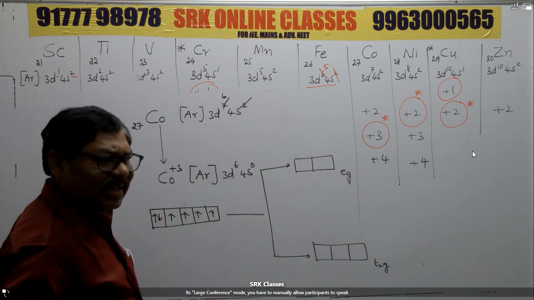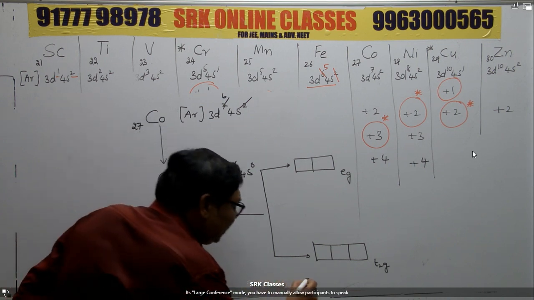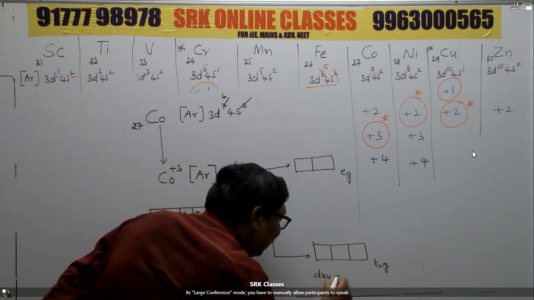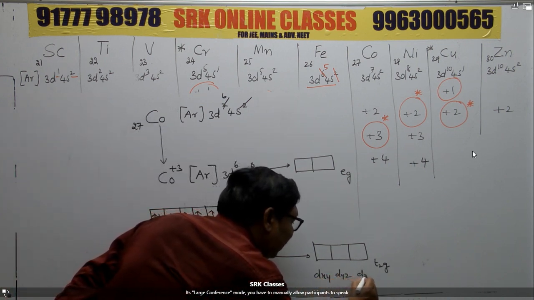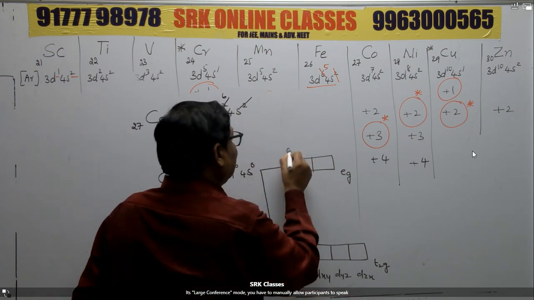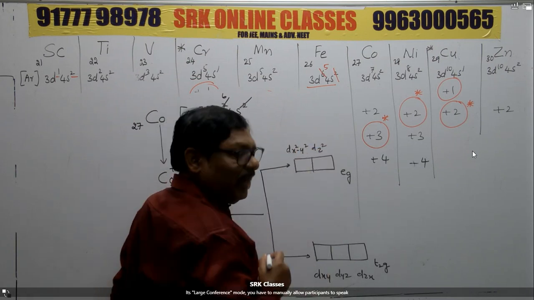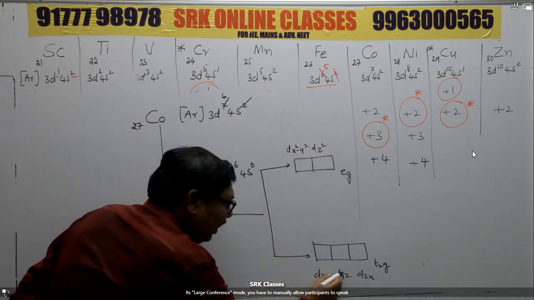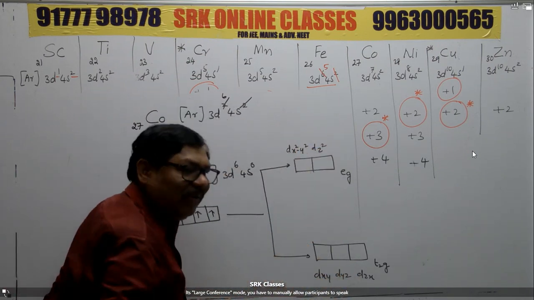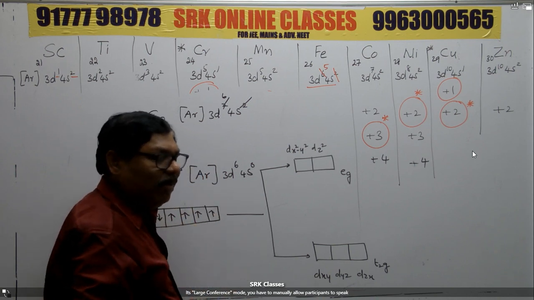We have already discussed this in color property. These 3 orbitals are nothing but dxy, dyz and dzx. Here these 2 orbitals are nothing but dx square minus y square and dz square. In dxy, dyz, dzx, lobes are in between the axis where repulsions are minimum.